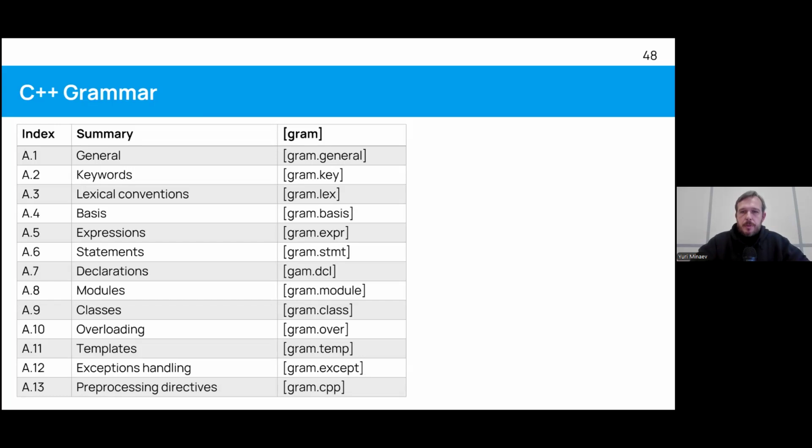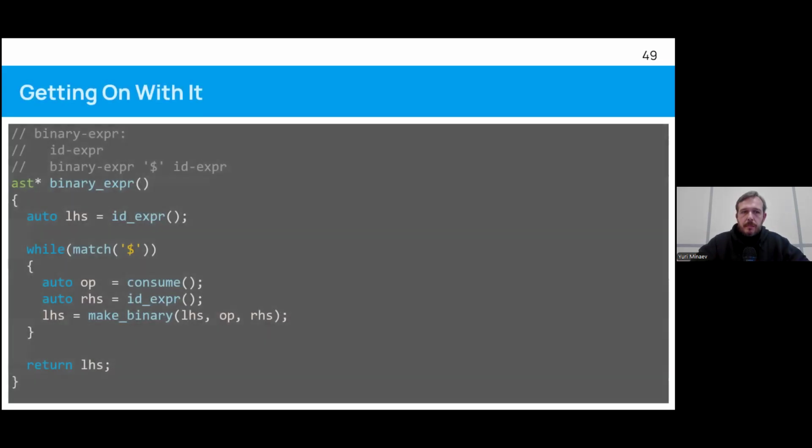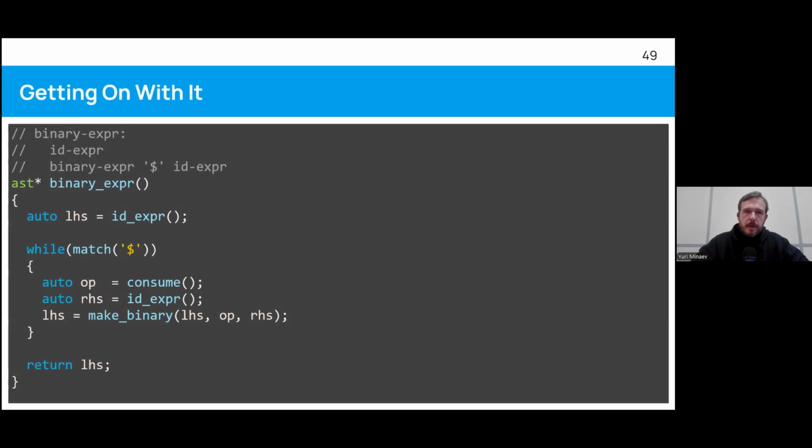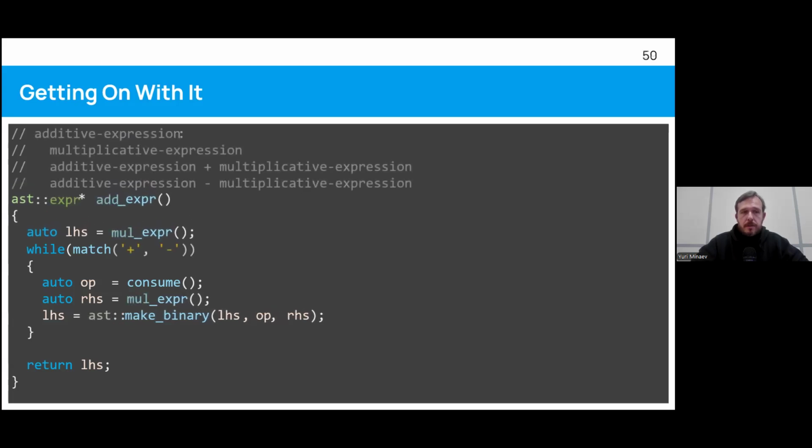So let's look at expressions. That was our made-up language. And if we look at an actual thing which could happen in a C++ parser, it looks kind of like this, exactly the same. So here we are looking at an additive expression.